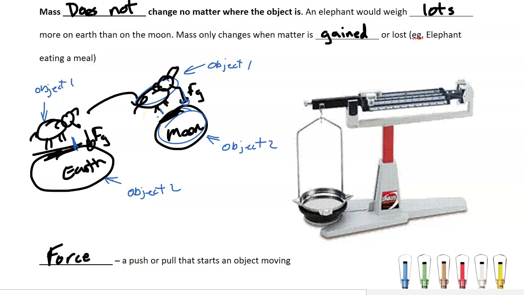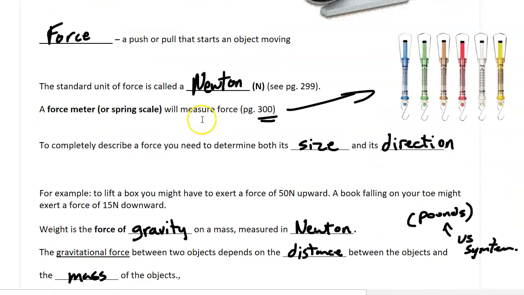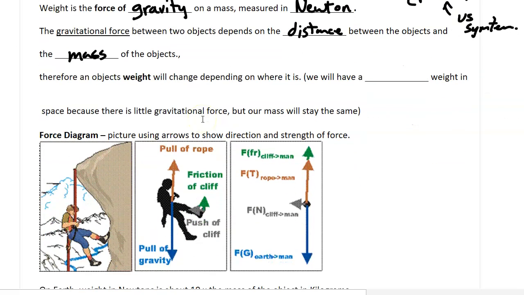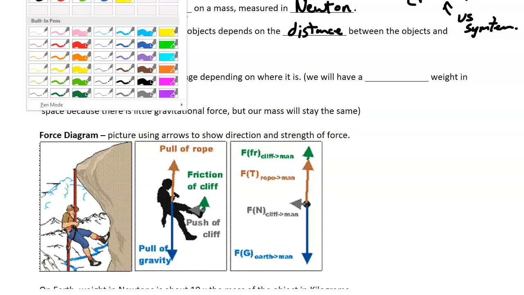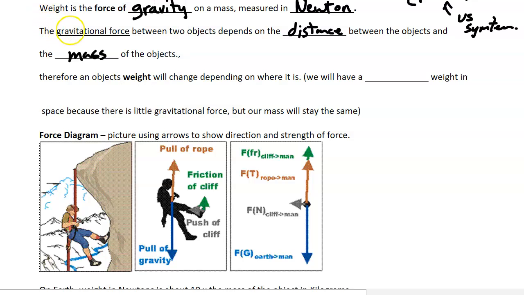You don't feel it nearly as much because, A, the moon is less massive than the Earth, and B, you are much further away from the moon than from the Earth. But all things wind up there. Therefore, an object's weight will actually change depending upon where it is. We have a lighter weight in space because there's little gravitational force.